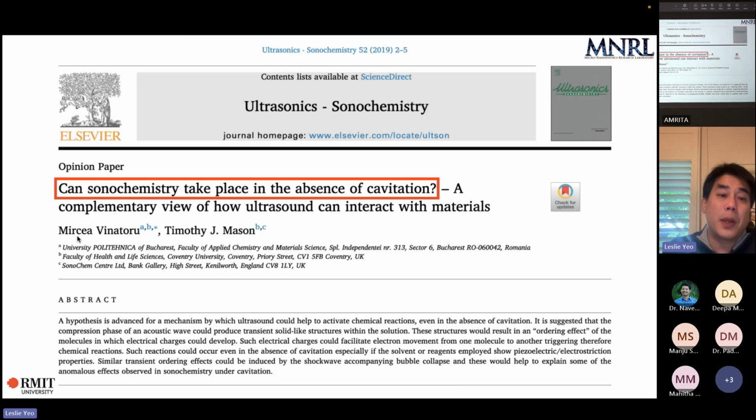And he put out this opinion paper saying, can sonochemistry take place in the absence of cavitation, right? And interestingly enough, despite being this big guru of the sonochemistry field, he actually got a lot of negative comments about this, because nobody in that community believed that you can actually do sonochemistry without cavitation.